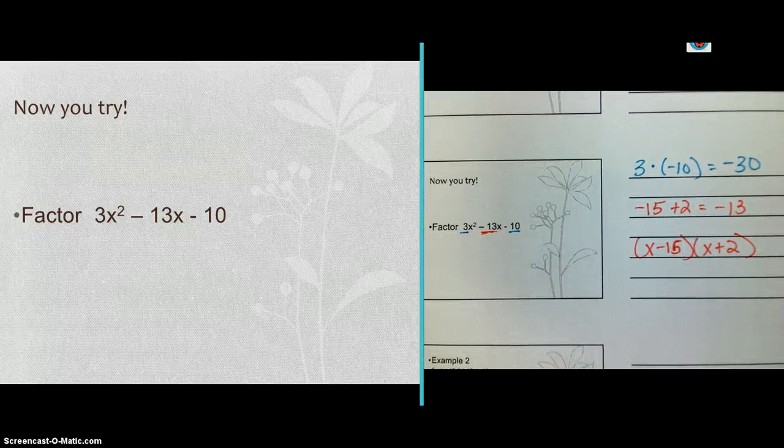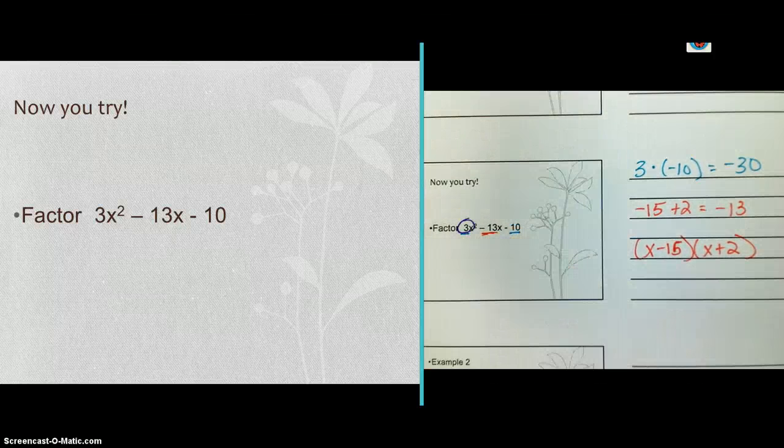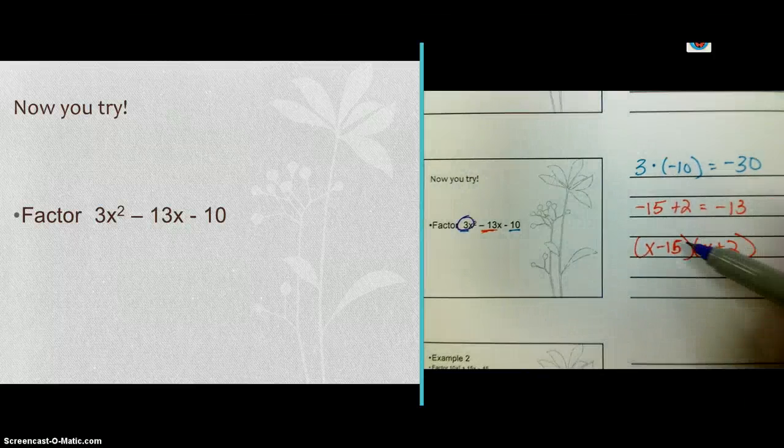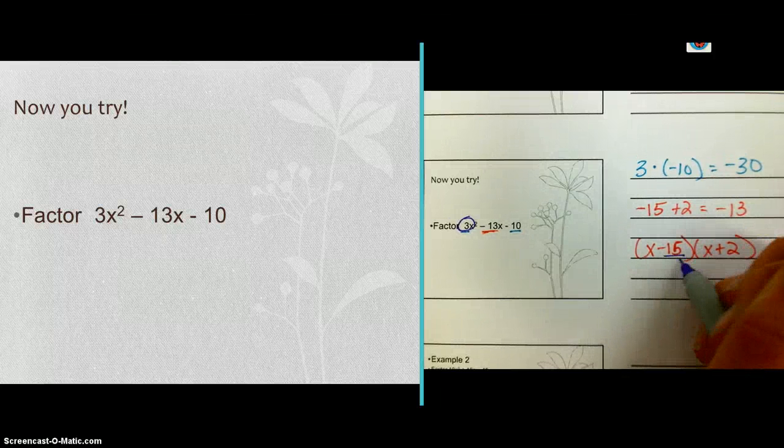We are dividing one number by our a term and multiplying the opposite x by the a term. So my a term in this case is 3. So I can either divide 15 by 3 or 2 by 3. I'm going to pick 15 because 3 goes into that evenly. If I do 2 over 3, that gives me a fraction.